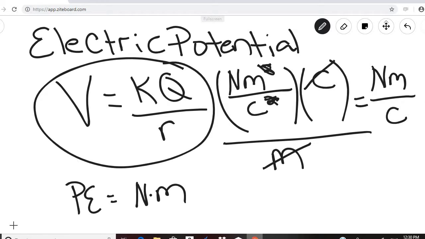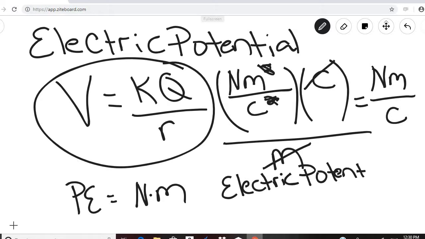So the units for electric potential and the units for potential energy are not the same, and therefore electric potential is not potential energy.